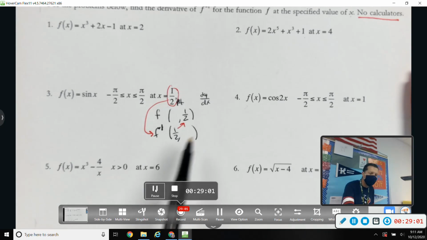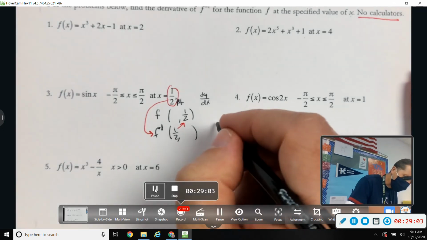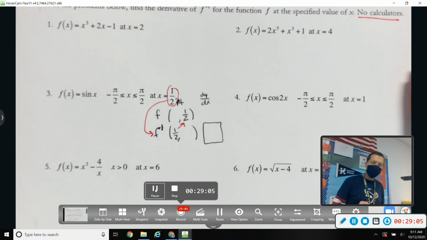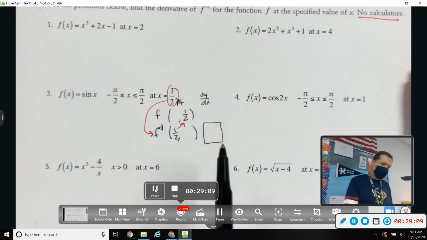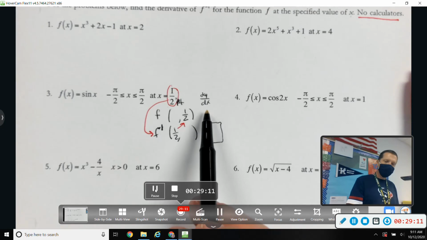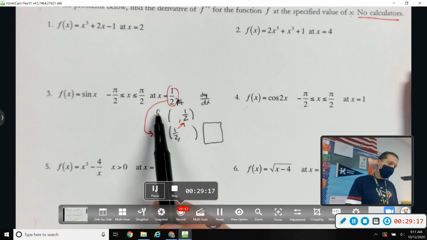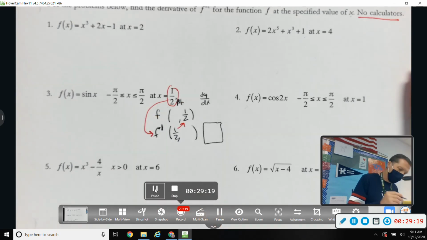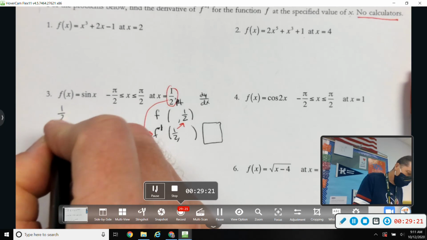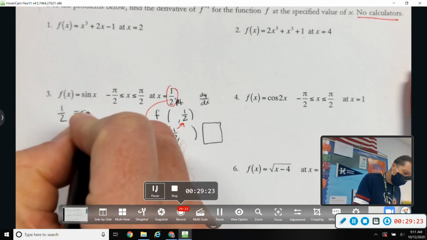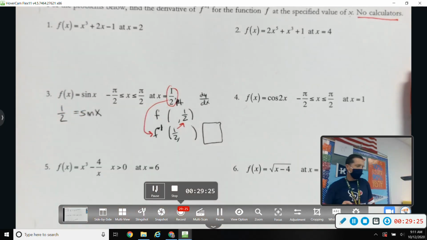So what we want to find, our final answer, is the derivative of the inverse. But I have to back up a couple steps, because that's going to be the reciprocal of this derivative. But I can't find that until I know the x value for the original. So 1/2 is the y value. So if 1/2 equals sine of x, trig.